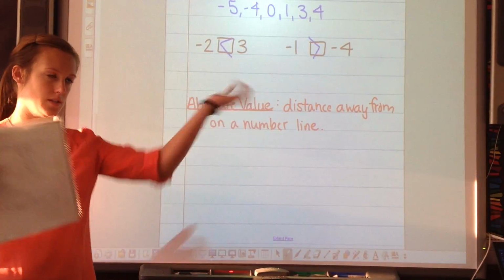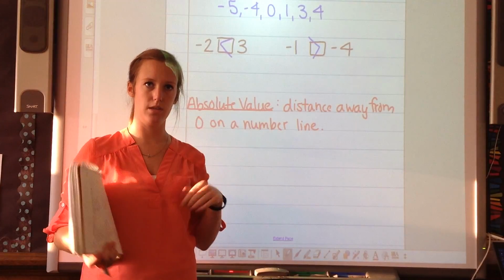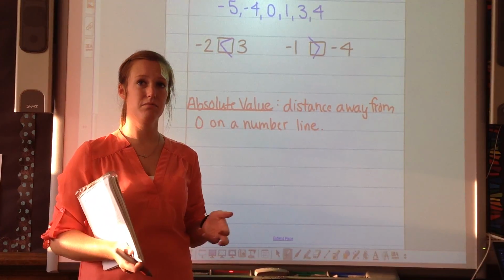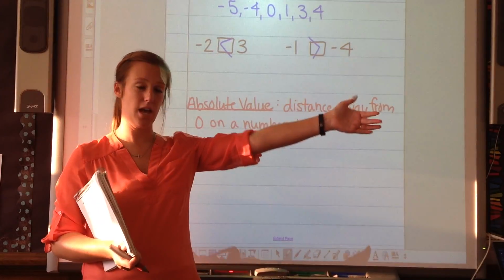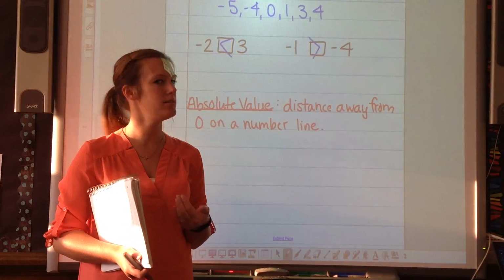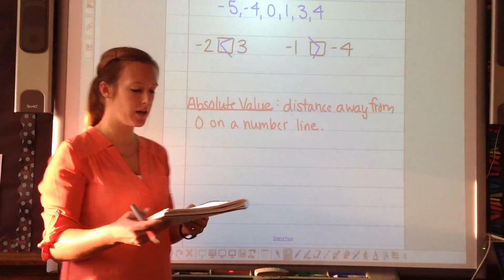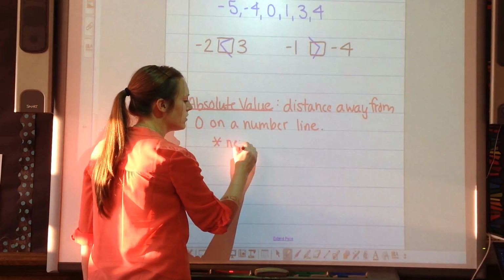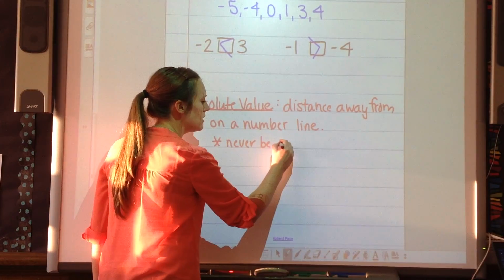So think about this. Can distance ever be negative? If I walk to the store and then walk home, when I walk home, am I taking away distance? No. So keep in the back of your mind that absolute value can never be negative.